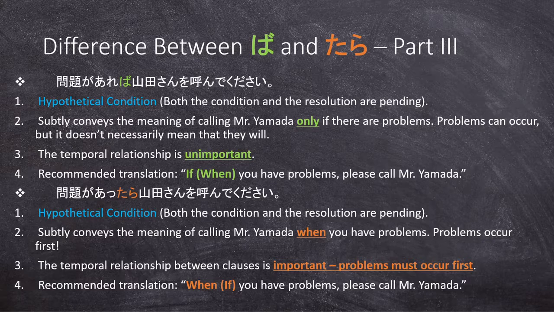And also from this third part, you should be wary of these, let's say, subtle differences in conveying a certain dosage of inevitability, or if you want to stress a certain time reference or a certain time sequence. Then you should really know and understand the differences with ba and tara.